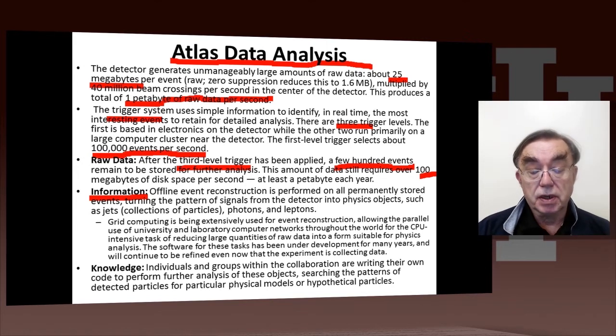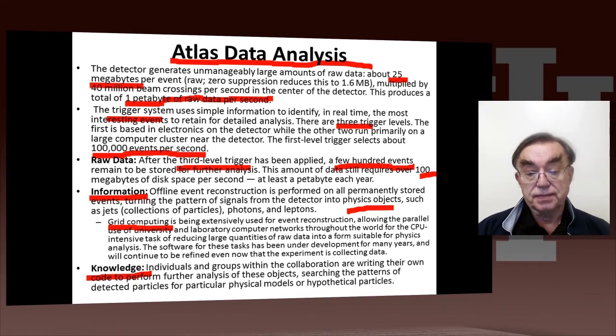The information corresponds to taking the raw data, running it through so-called reconstruction programs that take the raw signals and interpret them in terms of physics objects such as photons, leptons, mesons, baryons, collections thereof. And it's all, of course, done using this global collection of computing, which is called a grid, and has 200,000 cores in it. And then we finally mentioned this knowledge, which was as before, individual physicists making decisions, looking at the data and trying to interpret it.